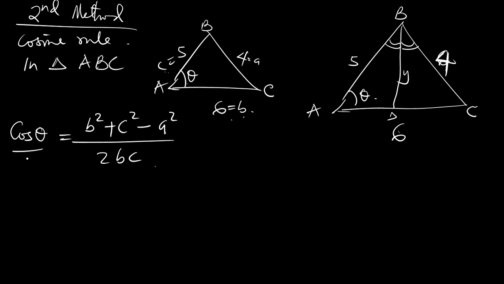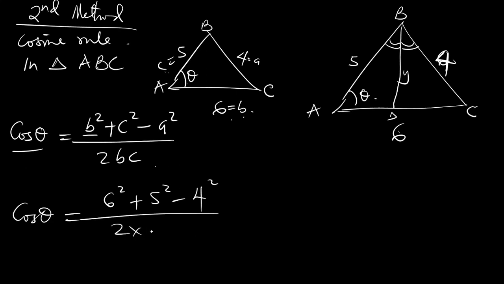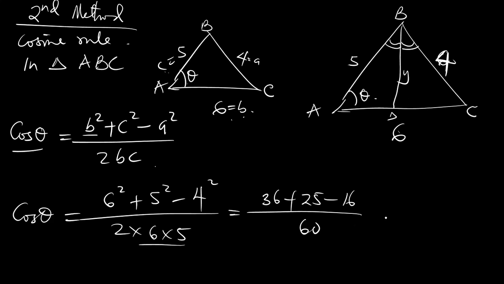So now let's look for cosine theta. So B is 6 square plus C is 5 square minus 4 square divided by 2 times 6 times 5. So we have 36 plus 25 minus 16 divided by 60.